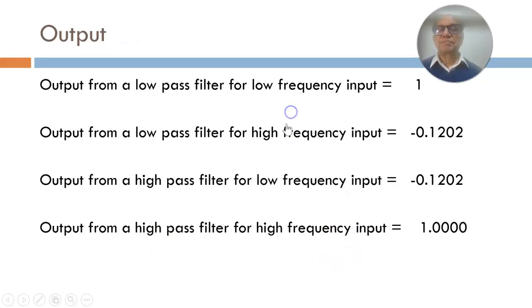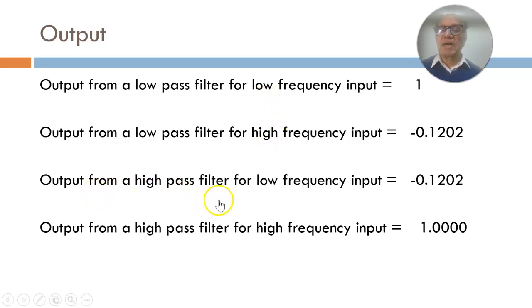And now let us look at the various outputs. The output from a low pass filter for low frequency input is 1, comparatively high, whereas the output from a low pass filter for high frequency input is minus 0.12. So you can see the output for high frequency input is much smaller than this, and that is how the low pass filter works.